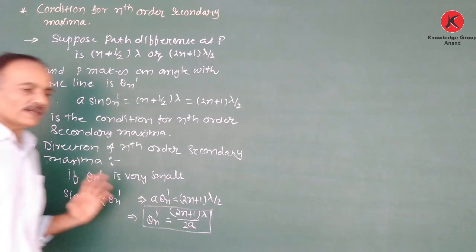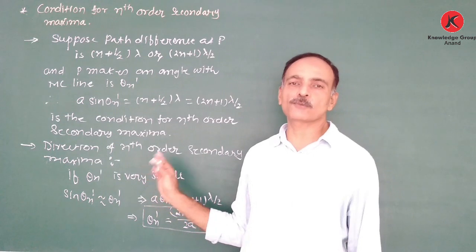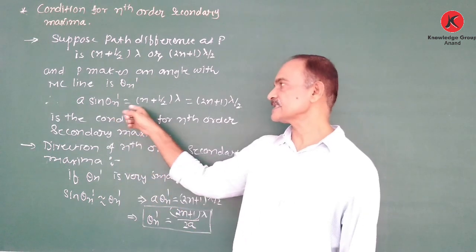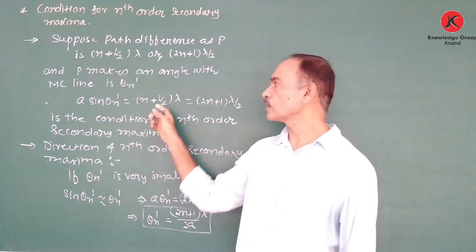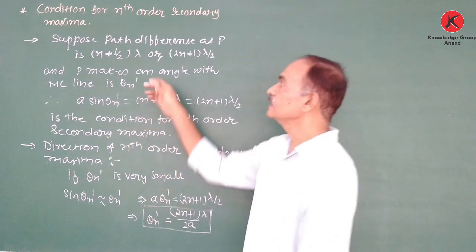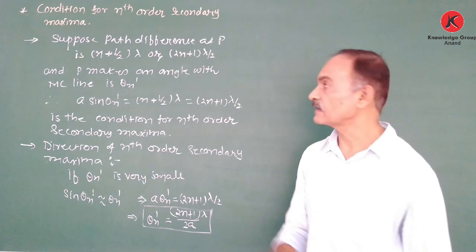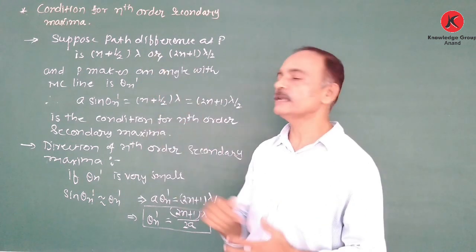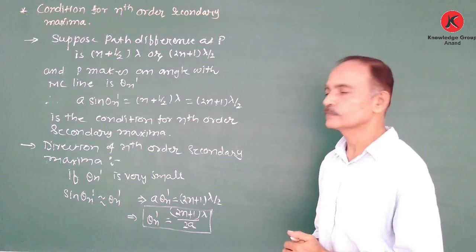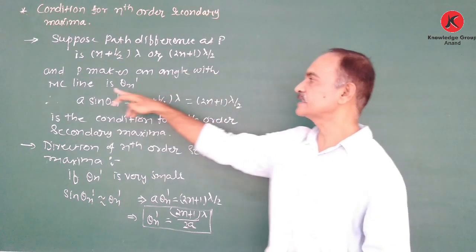So, very easy. We only have to discuss the condition for the path difference. a sin theta n dash is equal to the path difference at this point. Clear this? Again, suppose the path difference at point P is n plus 1 by 2 into lambda, or 2n plus 1 into lambda by 2, and P makes the angle theta n dash with the MC line.